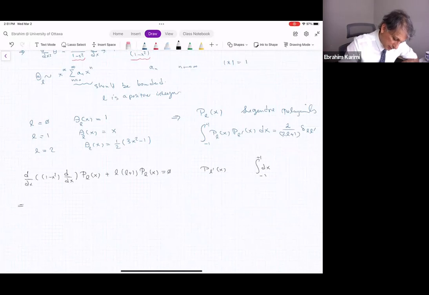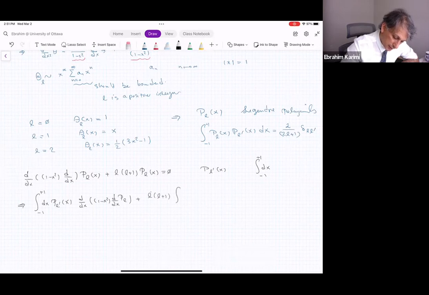The result will be the integral from -1 to +1 of dx, P_L'(x) times d/dx of (1 minus x squared) dP_L/dx, plus L times (L plus 1) times the integral from -1 to +1 of dx P_L'(x) P_L(x), which is equal to 0.